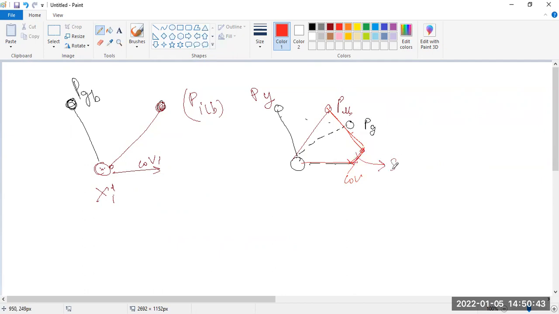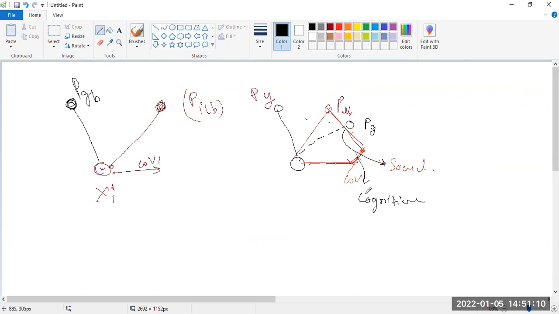This is called the social equation, and this is the cognitive part.